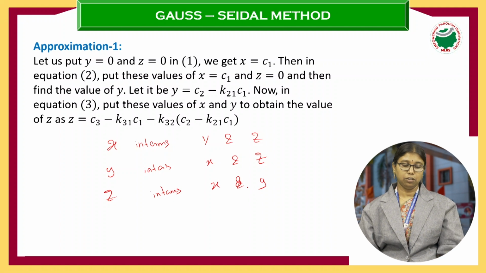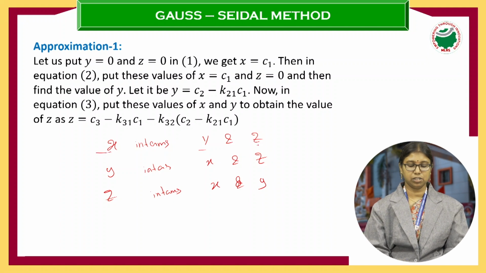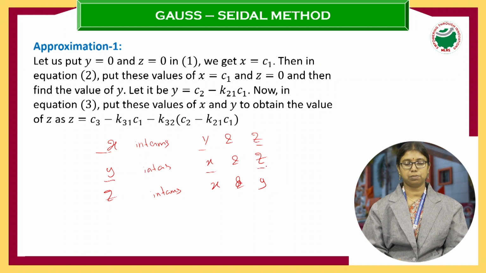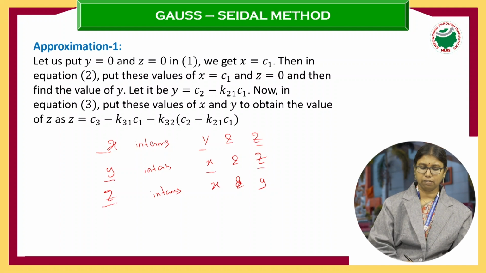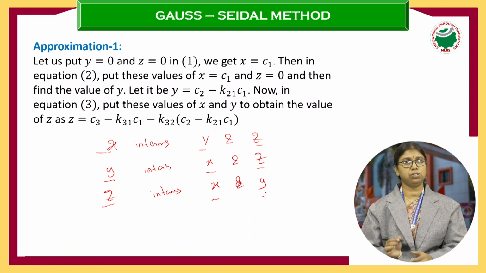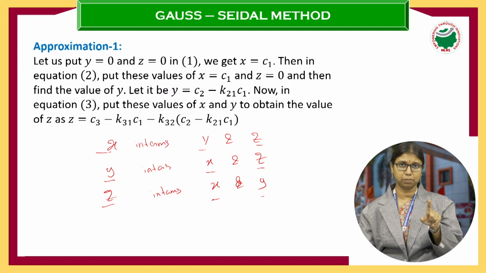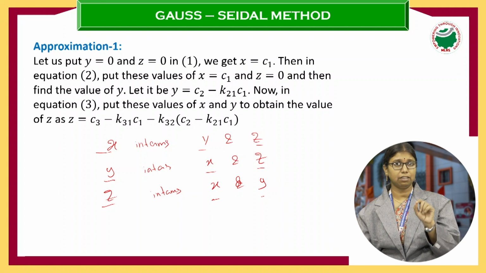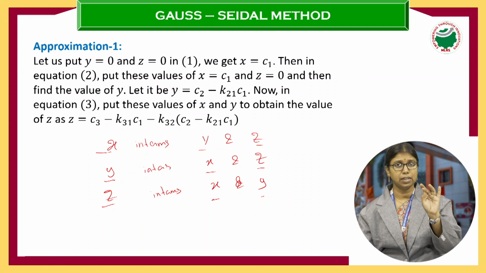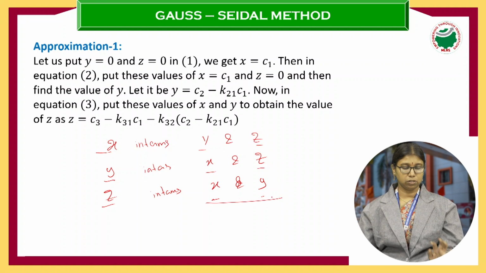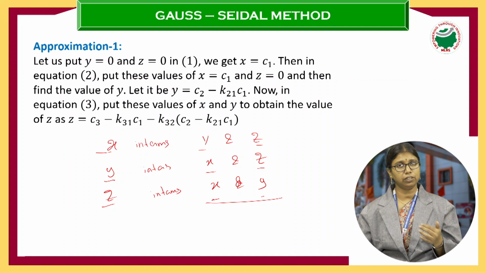So to get the value of x, we need some substitutions for y and z. Similarly, to get the values of y, we need substitutions for x and z, and to get the values of z, we need substitutions for x and y. In each approximation, you have to calculate the values for x, y, z by taking some substitutions for the corresponding variables. Initially, we don't know any value for x, y, z.